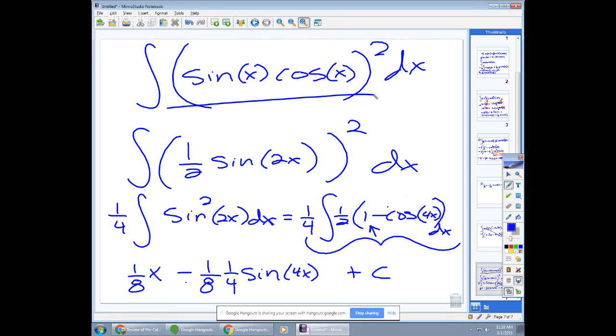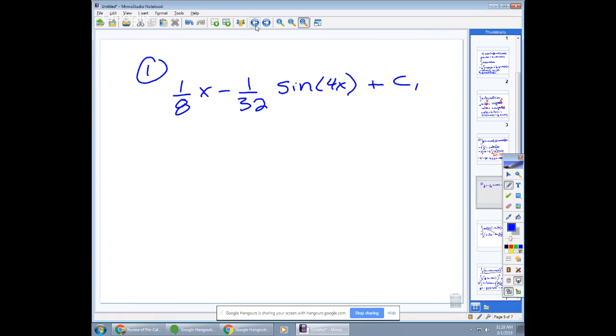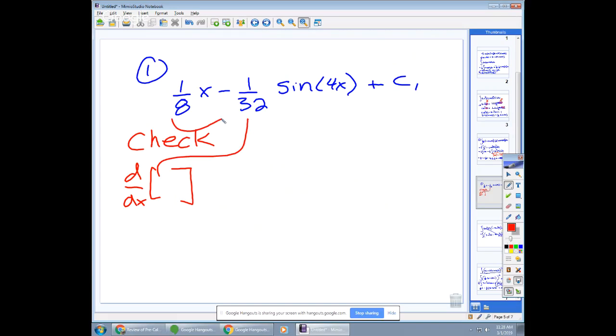So we think 1/8 x minus 1/32 sine of 4x is the answer. Let's take its derivative and see what happens. All right, so we're going to check by taking the derivative with respect to x of all of that.